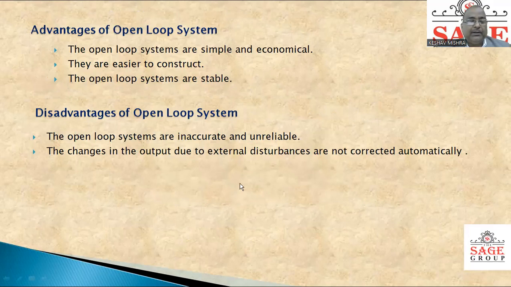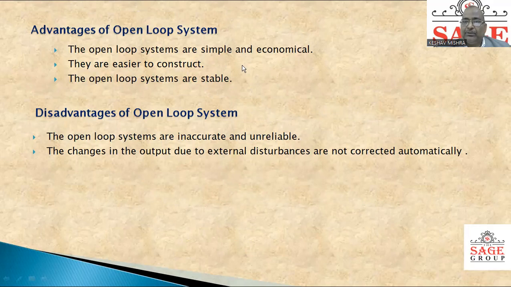Here, advantages and disadvantages for open loop systems are given. Advantages of the open loop system: there is simply input given to the plant and the resulting signal is output. So obviously complexity is not present in the open loop system.